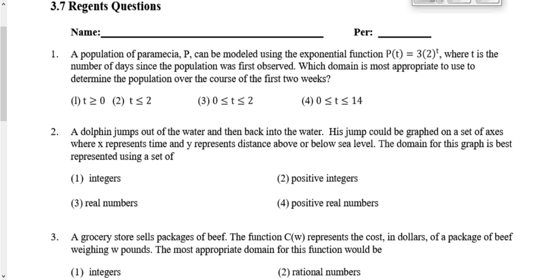Okay, let's think about this. So domain would be all the inputs, right? If you look at this function, what is the input? It's not x's, it's what? The t, time, right? And the time is measured in what?